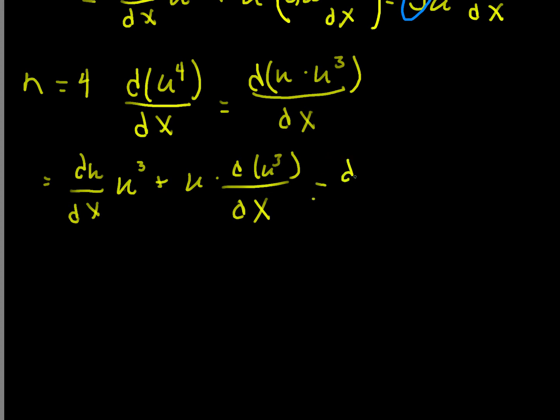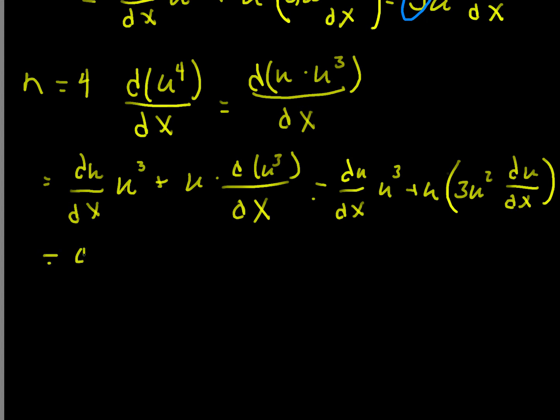The first term can't be simplified anymore, but from the previous step I know exactly what the differential of u cubed is. So this is plus u times 3u squared du/dx. I've got a u cubed here, and I've got 3 u cubed here. So this is equal to 4u cubed du/dx.